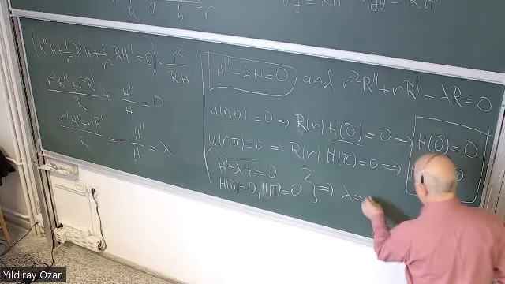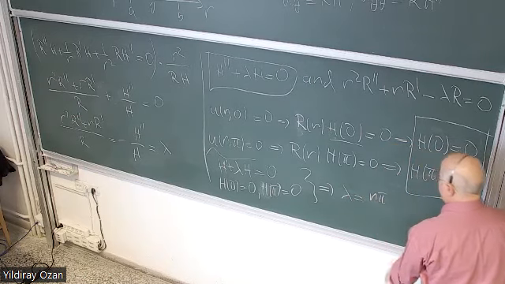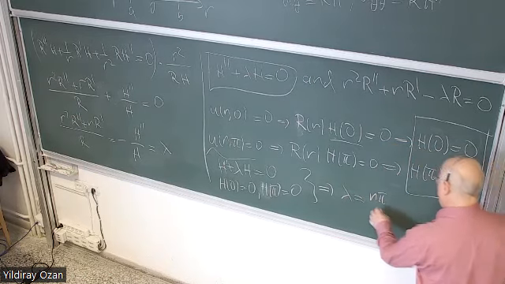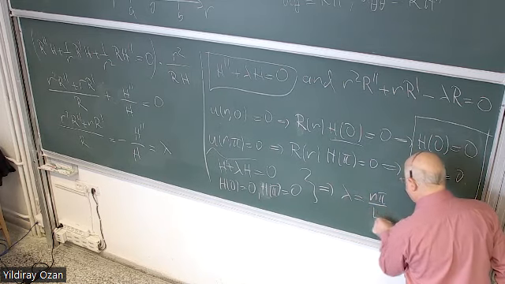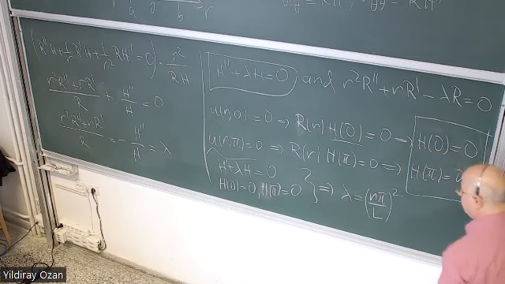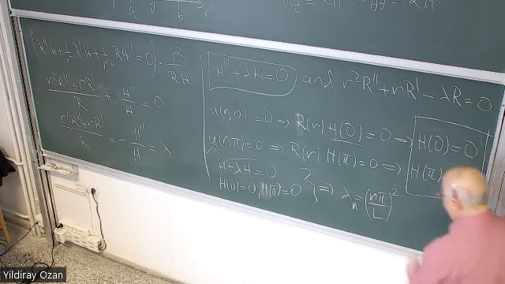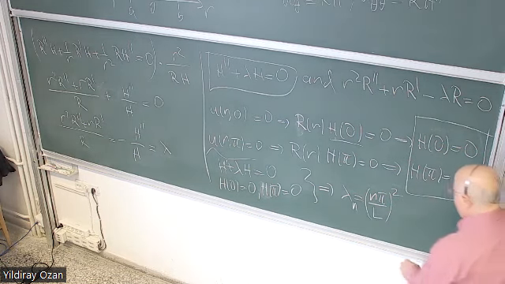Lambda is equal to n pi over L squared, right? And actually I have lambda n.